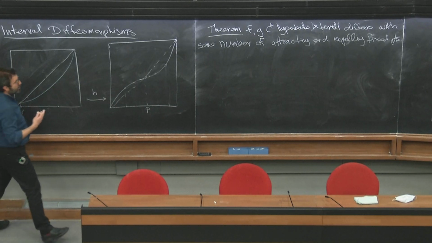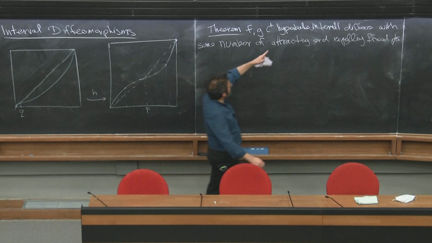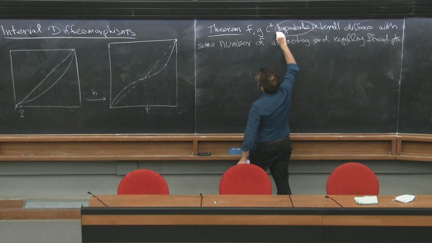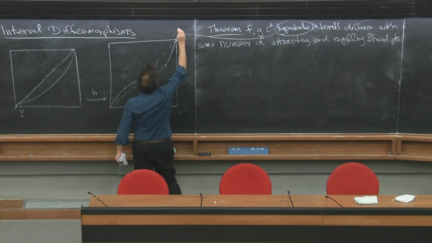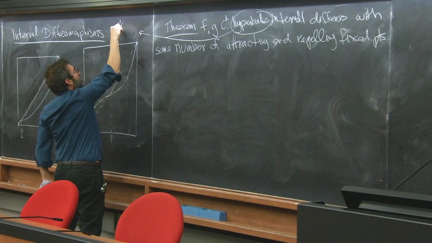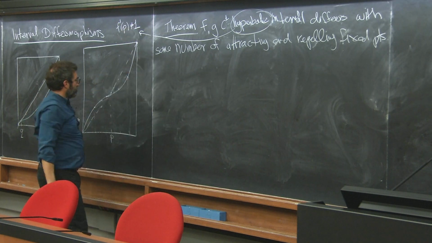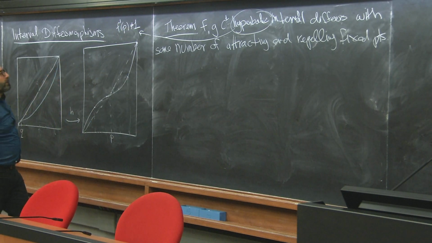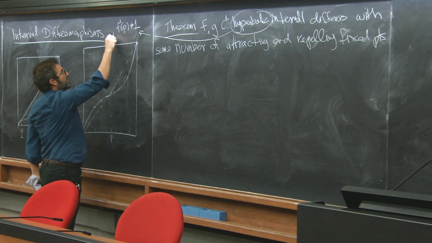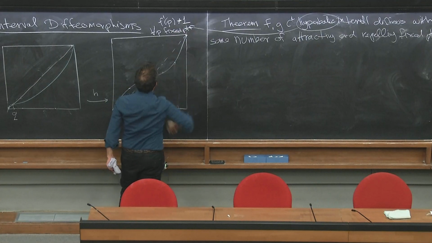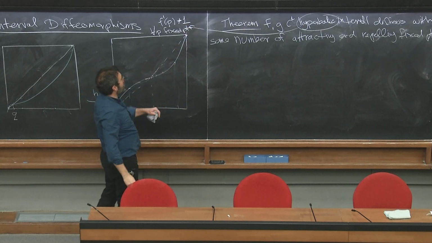If it's hyperbolic, so remember that hyperbolic means that the derivative at each fixed point is different from 1, for all fixed points. So you can't have this tangency situation.